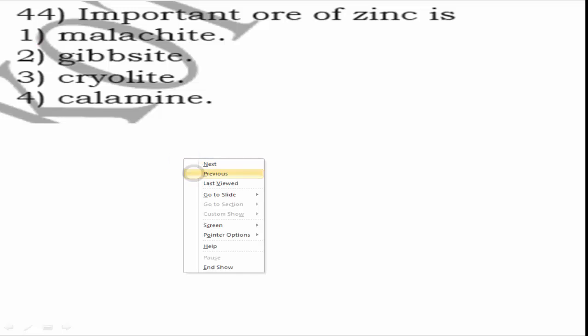Students, among the given options, calamine, ZnCO3, is the mineral of zinc.